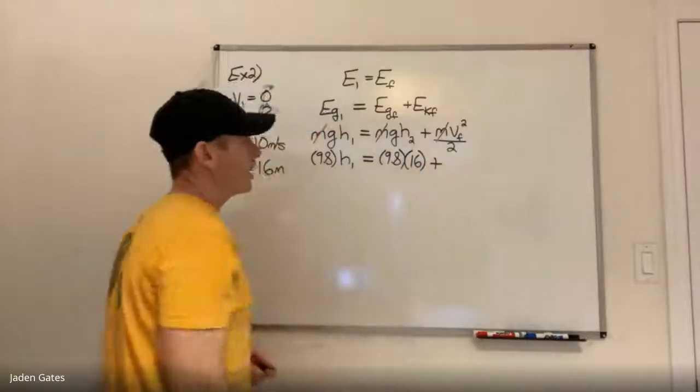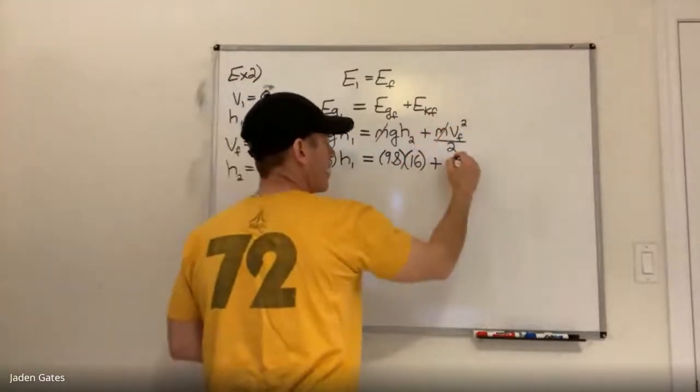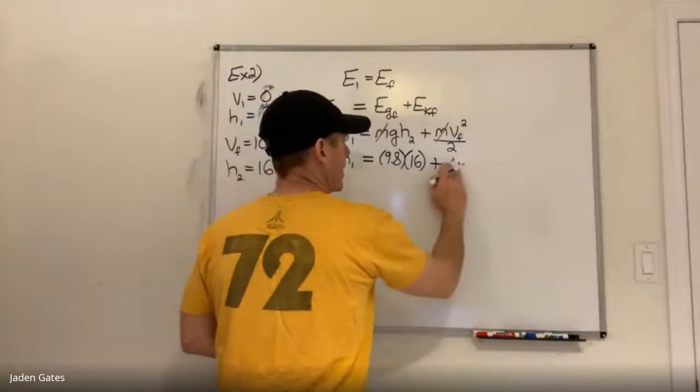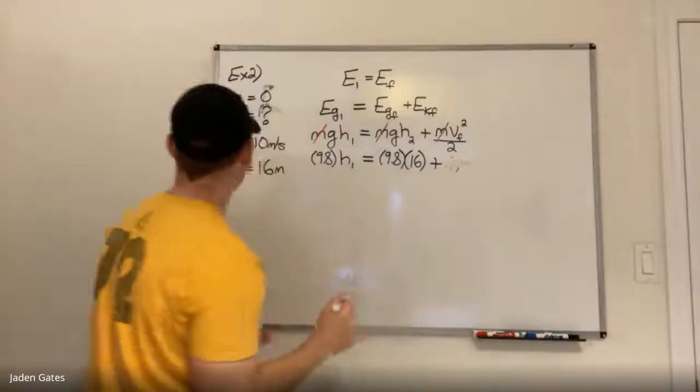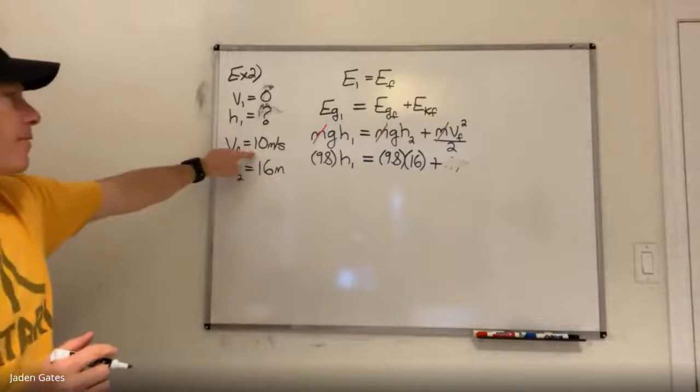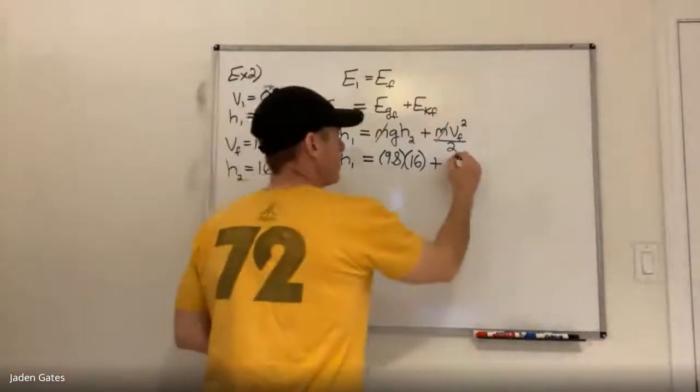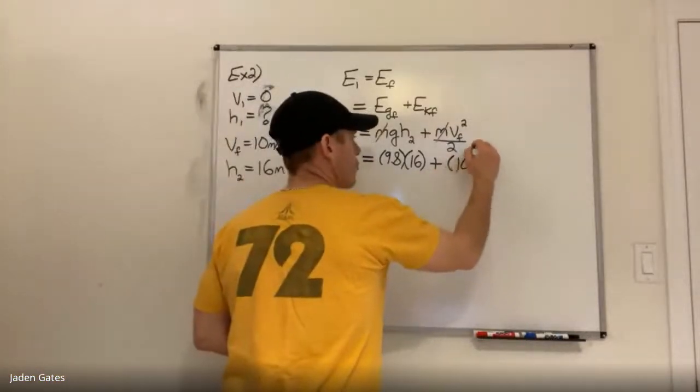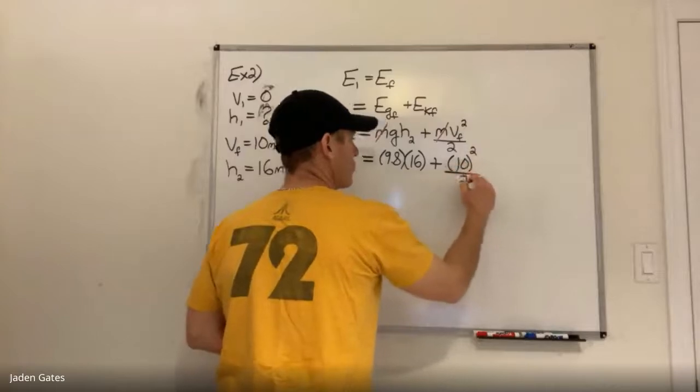Plus, I'm going to go with the 1/2 times vF squared. What's our velocity? It has to have a minimum of 10 meters per second. So I have 10 squared, and of course divided by 2.